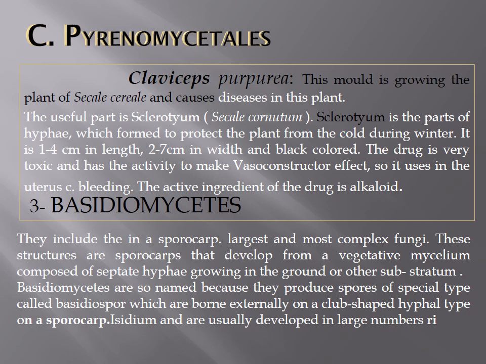Basidiomycetes are so named because they produce spores of special types called basidiospores, which are borne externally on a club-shaped hyphal type on sporocarps. Basidia are usually developed in large numbers.